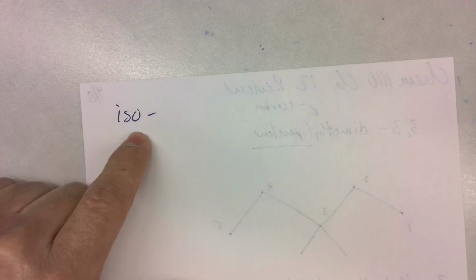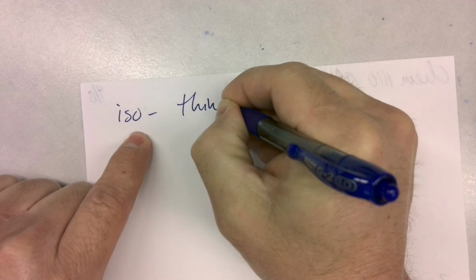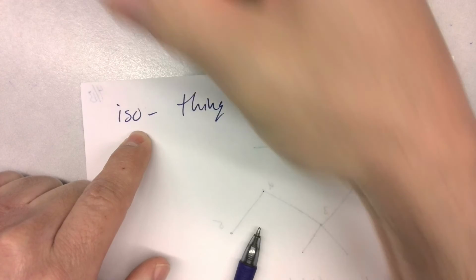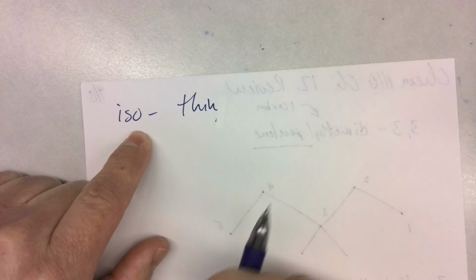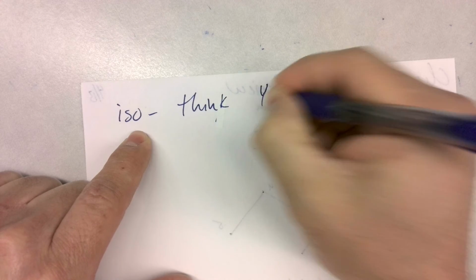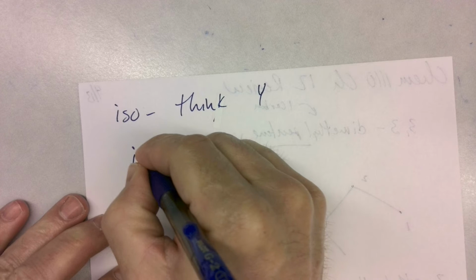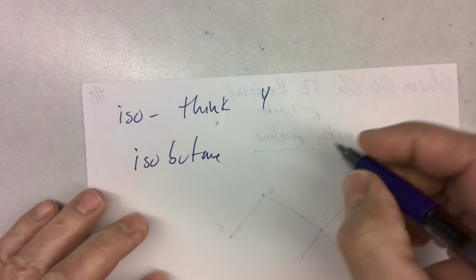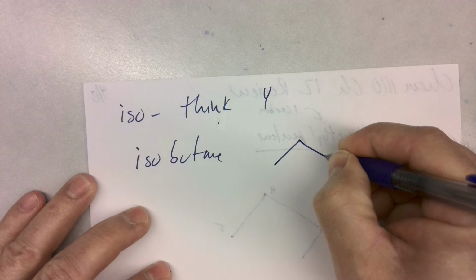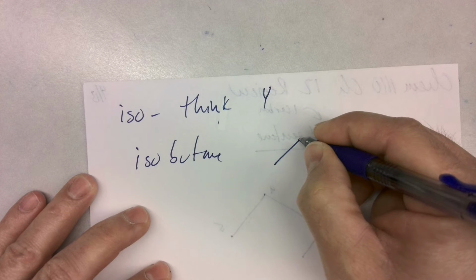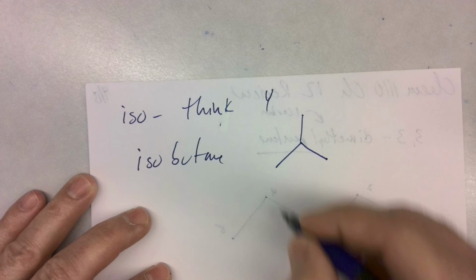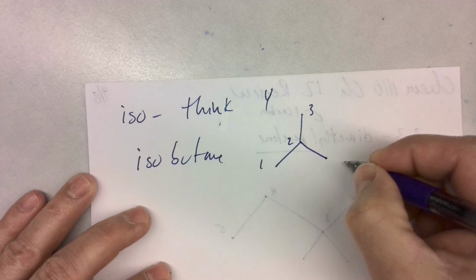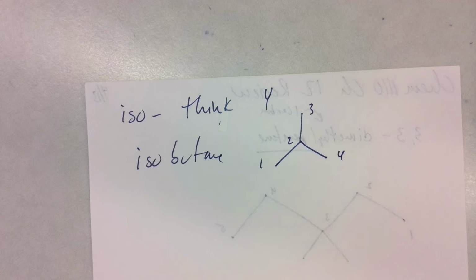When they use the term iso, you need to think Y. So if I had isobutane, it's going to look like this. Isn't that splitting on the second? 1, 2, 3, 4. It's going to split like that, right?